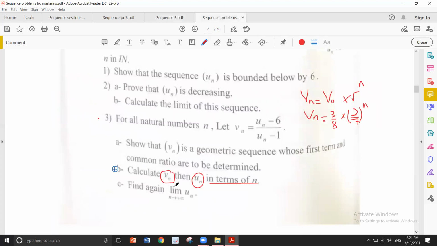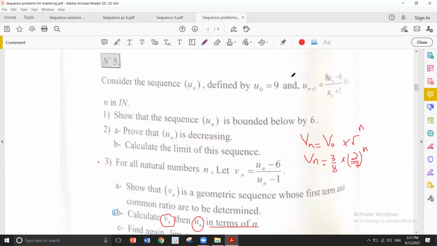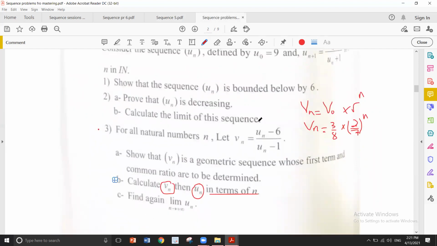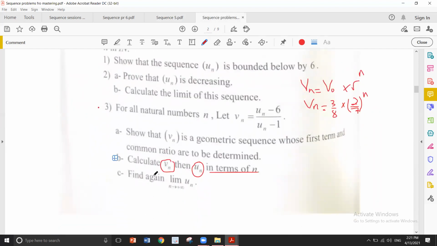Find again the limit of Un. احنا فوق لقينا limit of Un. طلعت معنا limit 6. How to calculate the limit? We have found Un.